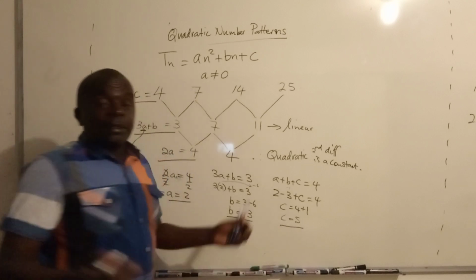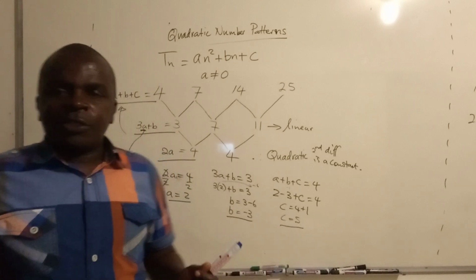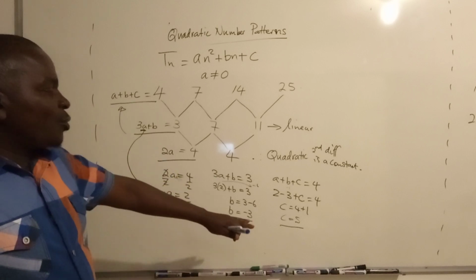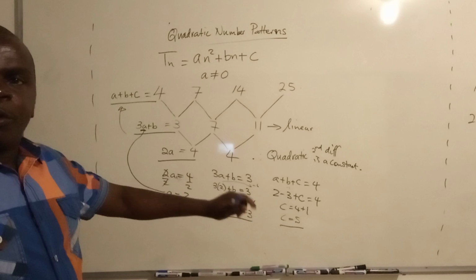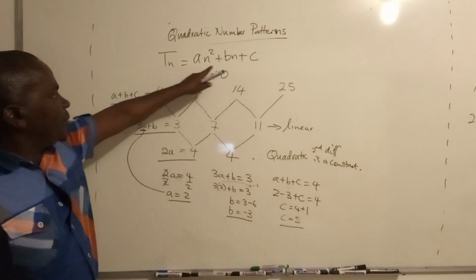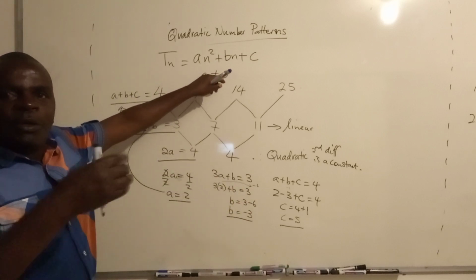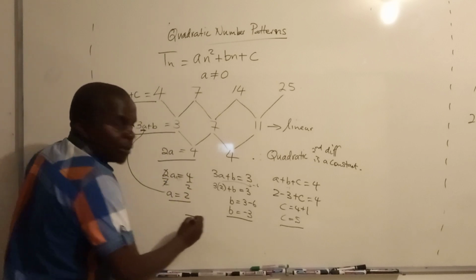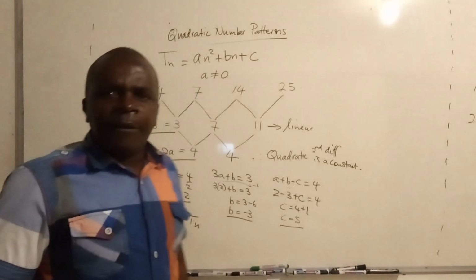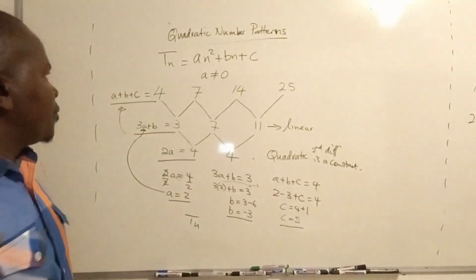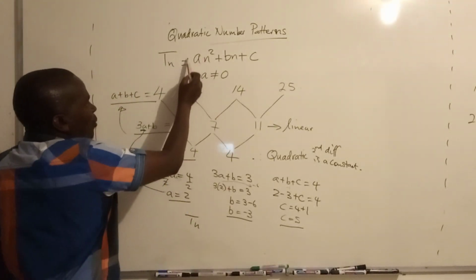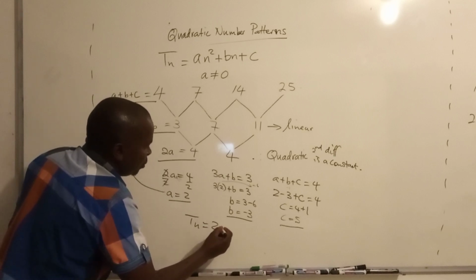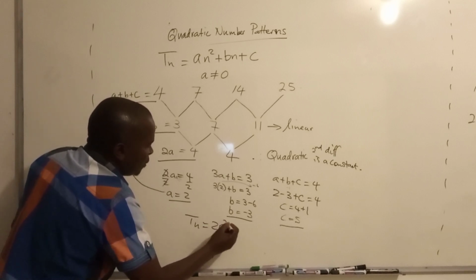Right, guys? At this stage, we've managed to find the values of a, b, and c. But please don't stop there. We want to find the general term, Tn, which is our nth term. So you then substitute these three values into that equation. Our a is 2, so it will be 2n squared.